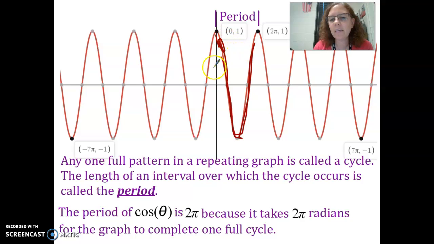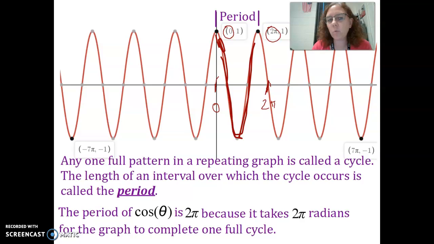And the length of the interval over which the cycle occurs is called the period. So this is the same period as what we had for sine. It's starting here at 0, and it continues to here at 2 pi. You can see I've got those values right there for you, 0 and 2 pi. And so the length of that interval is 2 pi.